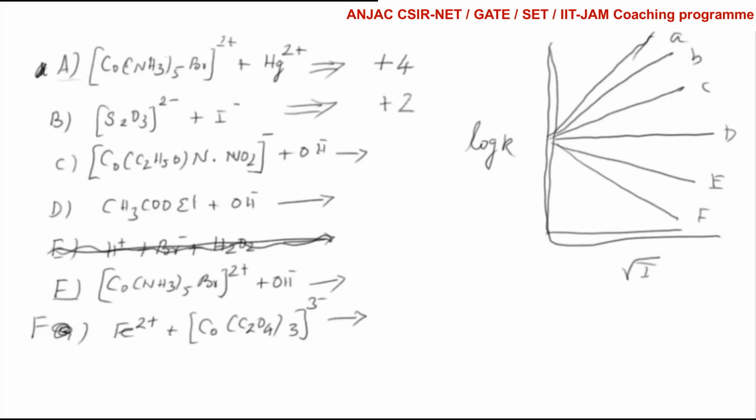Here minus 1 into minus 1, plus 1. Here 0 into minus 1, 0. Here plus 1 into minus 1, with 0, 0. Here this one, 2 plus and minus 1, minus 2. Here 3 plus and minus 3, minus 6.